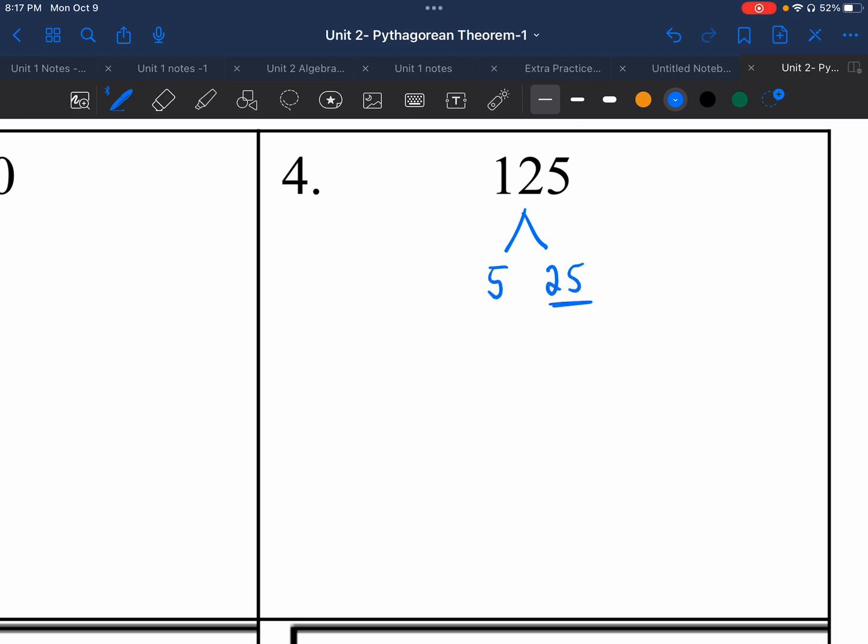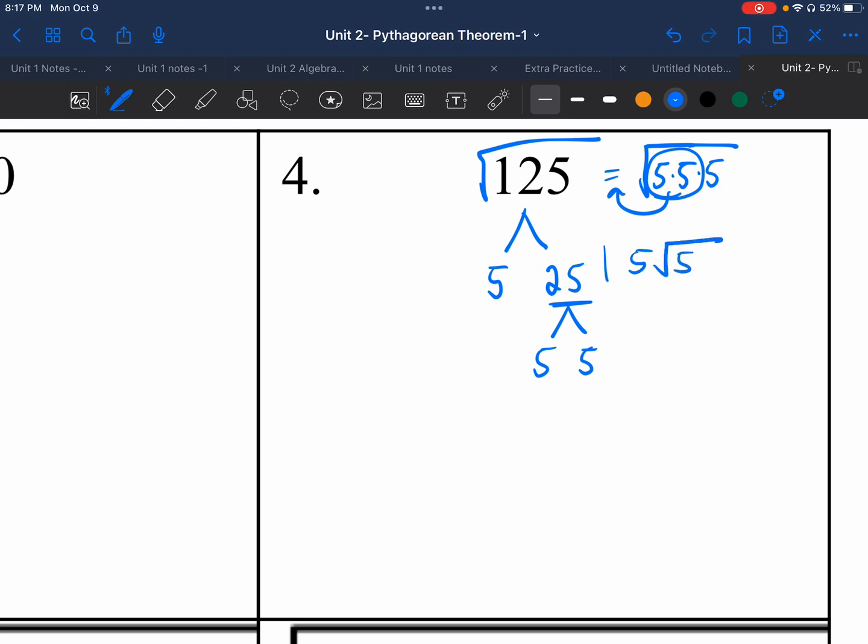If you know that 25 is a perfect square, you could stop right there, or you could look at all the different factors. So the square root of 125 is equal to the square root of 5 times 5 times 5. I need 2 under to pull 1 out, so I get 5 times the square root of 5. Box it and walk away.